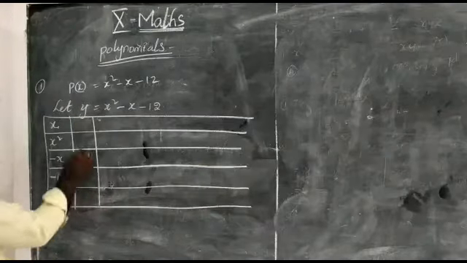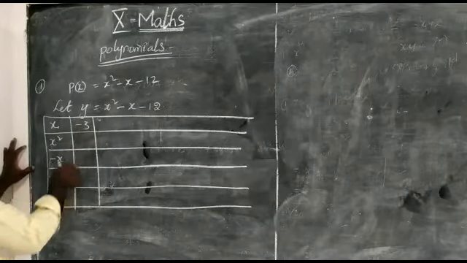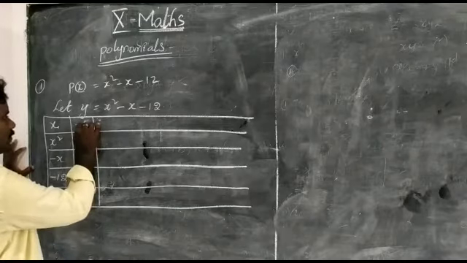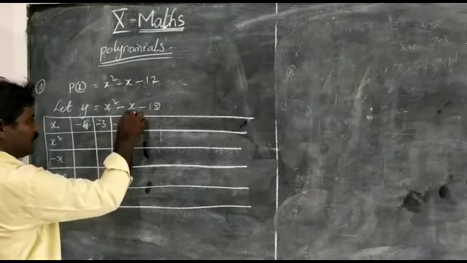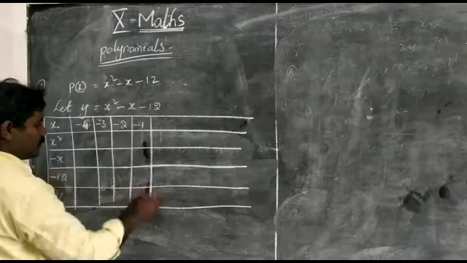Now I will take the x values from minus 4 to plus 4. You can choose any values.